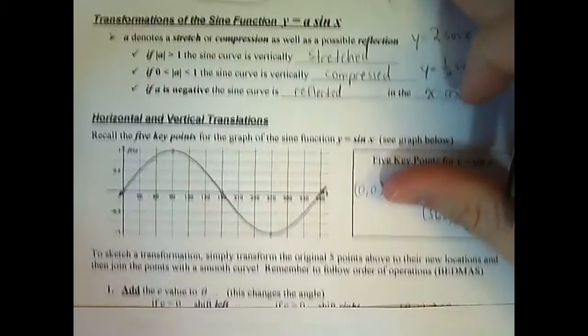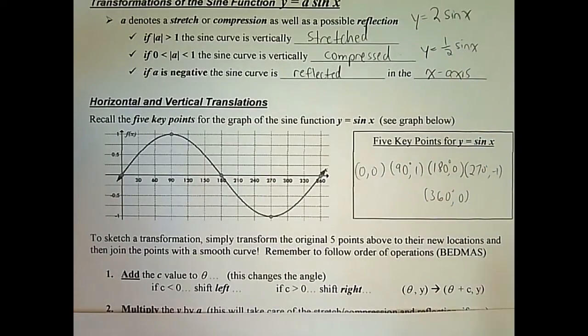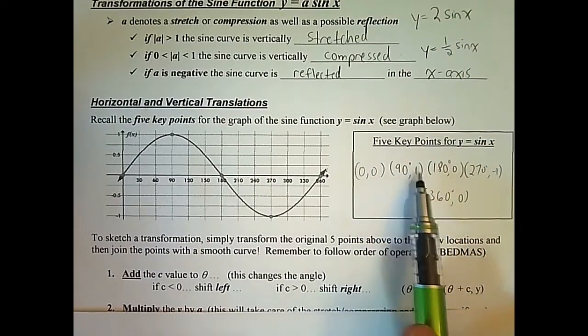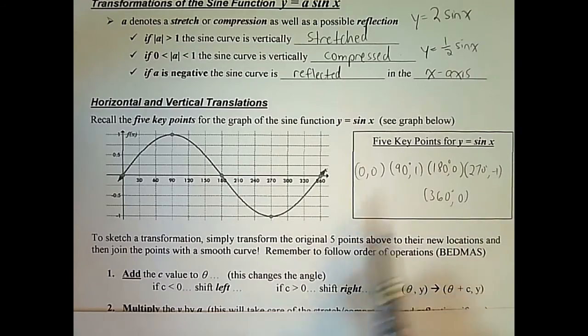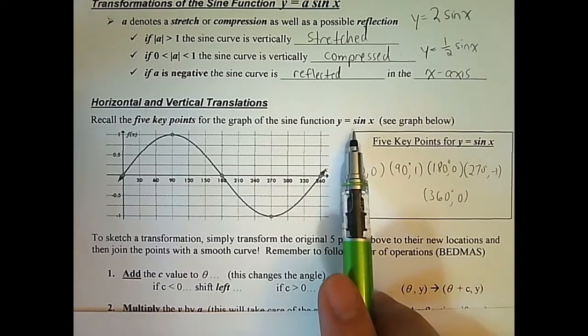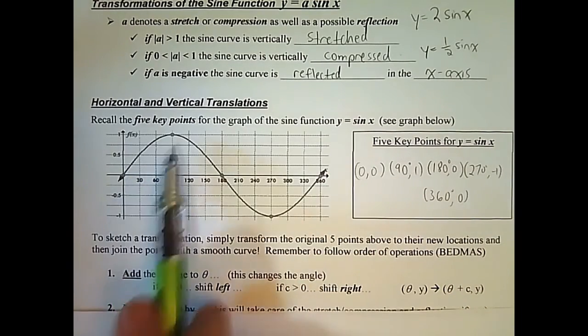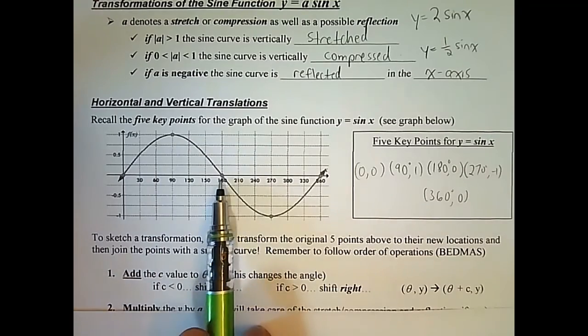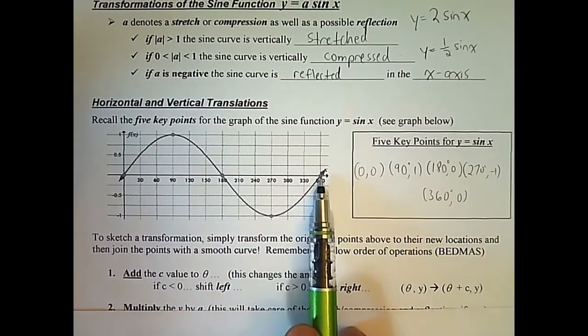So to summarize this, or what we're going to do anyway for how we do this, remember what we did last time? We had our 5 key points from our graph of just y equals sine x. So we have 0, 0, 90 and 1, 180, 0, 270, negative 1, 360, 0.